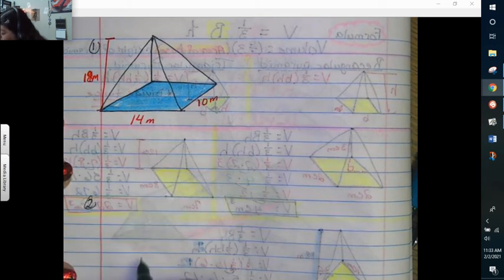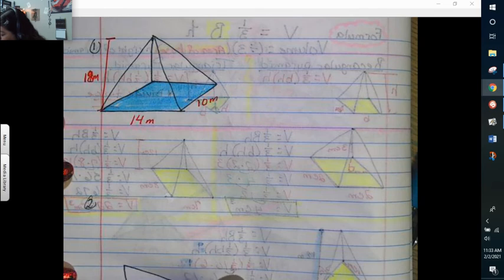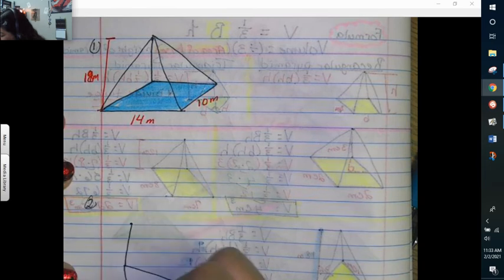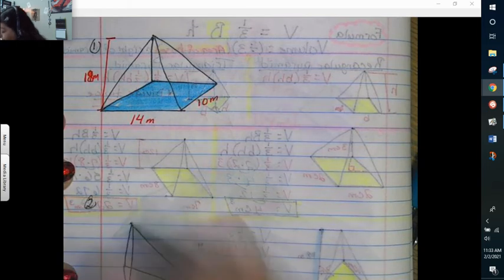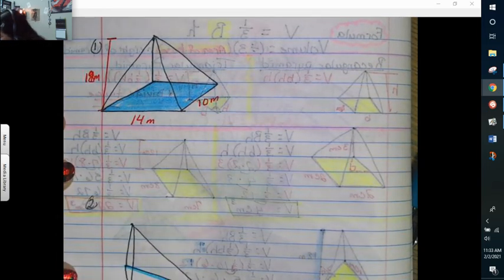So number 2, let me make a triangle. I'm not good at making the triangles. Okay, and we're 1, 2, 3. I tried, but there's your base.